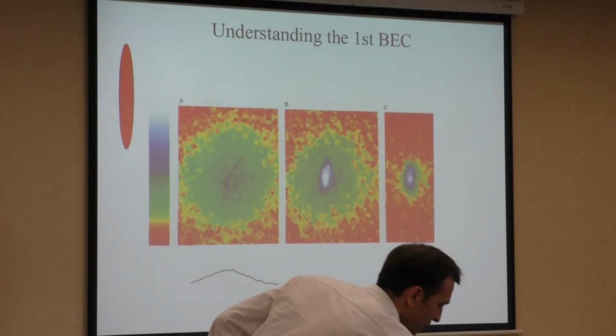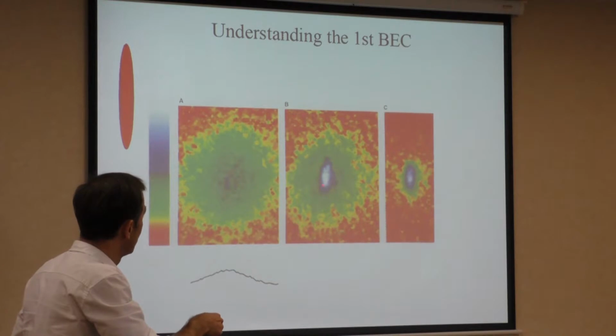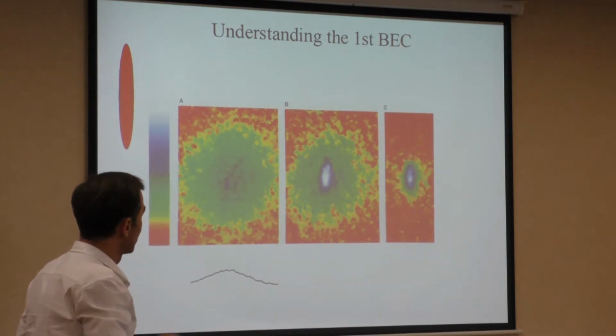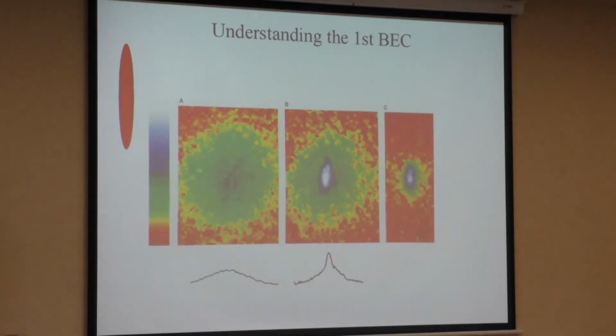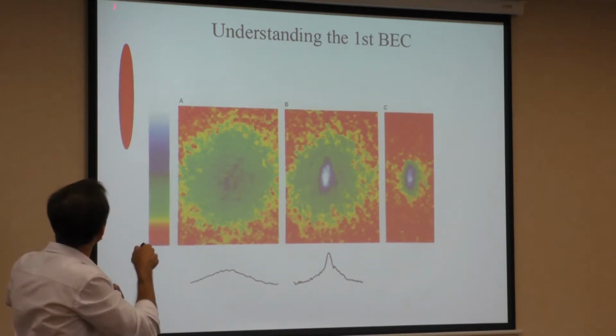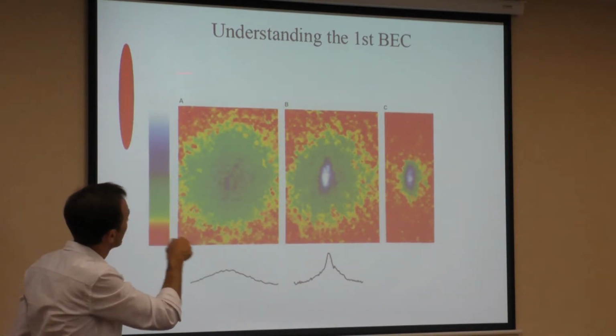Then with stronger cooling, first you can see a dense feature appeared in the center, and there is a peak on top of a more or less Gaussian velocity distribution. Actually, there is a mistake on this graph. The trap is not oriented vertically, it is oriented horizontally.